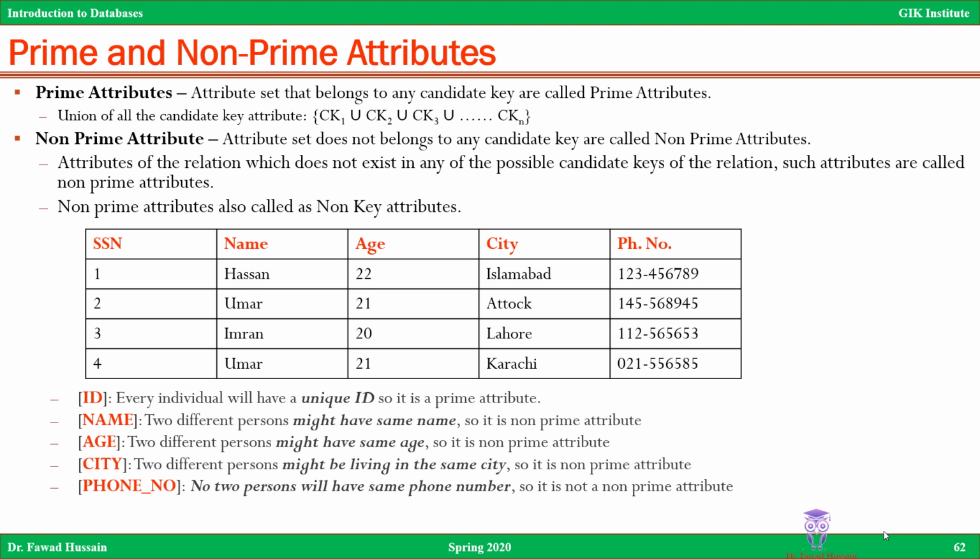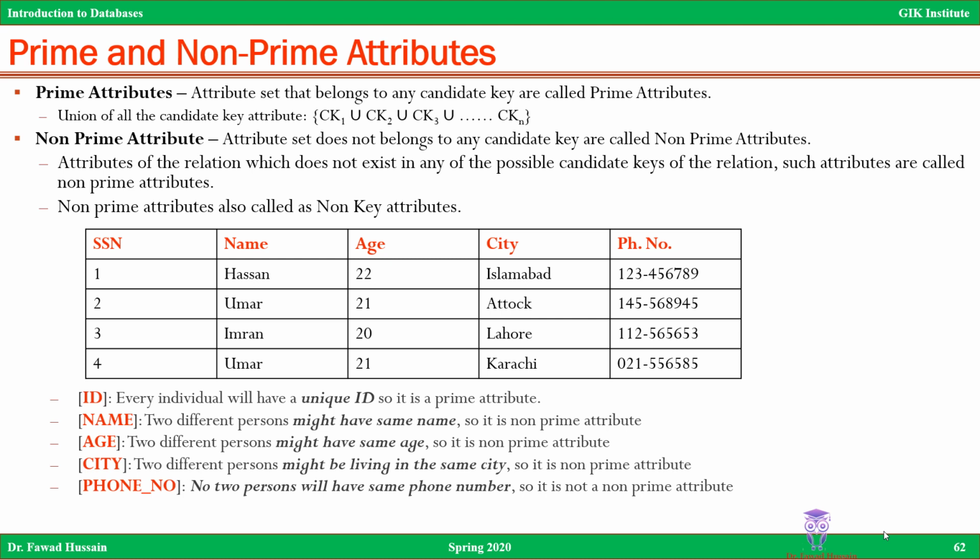So let's look at the definition of a prime and a non-prime attribute. A prime attribute is an attribute that belongs to any candidate key. These are called prime attributes. What's a candidate key? A candidate key is something that could have been a primary key. So all the possibilities that will give you unique values, they are candidate keys, and among those candidate keys, you select one of them and make it the primary key, and the other ones are alternate keys.